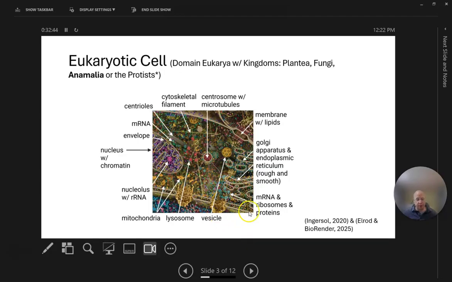Smooth ER is going to make lipids and do some detoxification, and your vesicles are going to be shipped out from the Golgi. One thing that gets shipped are lysosomes. Lysosomes are enzymes that, among other things, break down mitochondria when they're not needed.